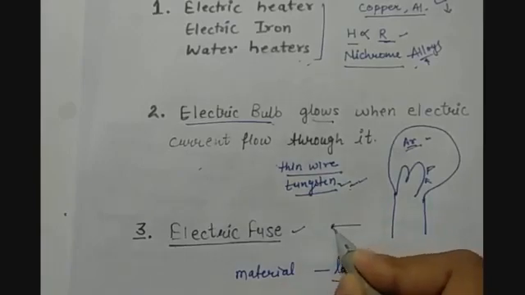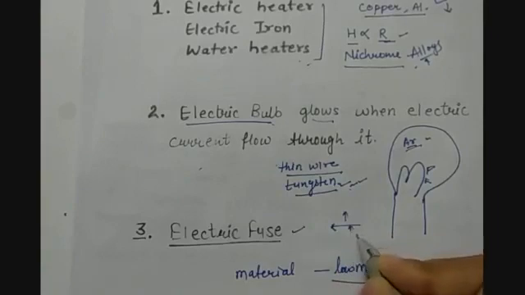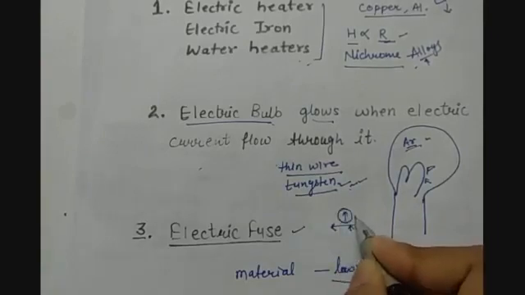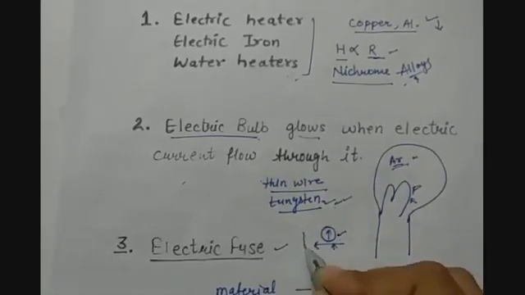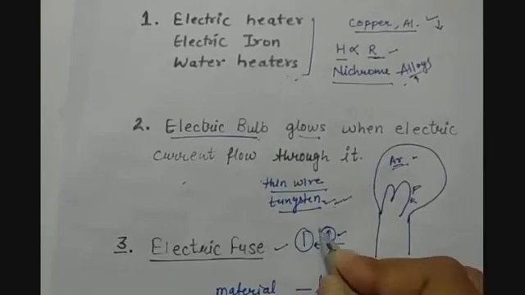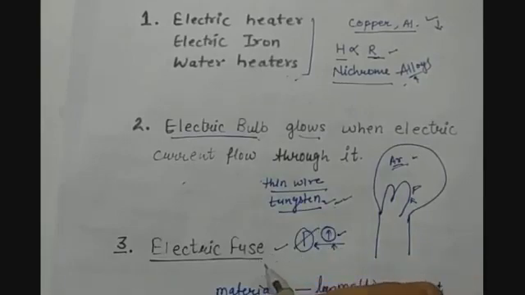So with the help of this very low melting point, when a large amount of current is flowing through the circuit, then heat will be produced. If this current exceeds a certain value, then the heat will be very high, and because of this heat generated, that thin wire of electric fuse will get melted. And as this is joined in the electrical connections, so this gets melted and breaks the connection of electrical appliances.